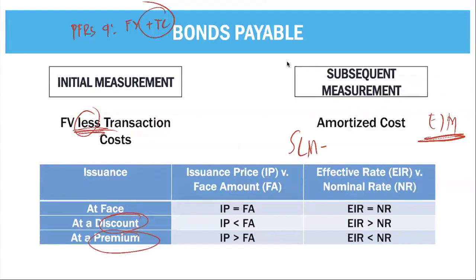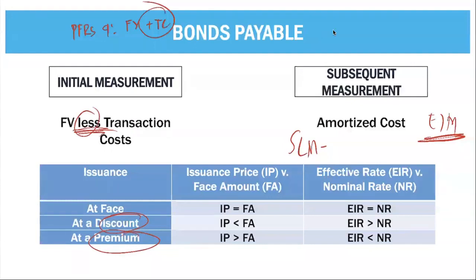Now, as to the relationship of your effective interest rate and nominal rate: if they are equal, it is at face. If the effective interest rate is greater than the nominal rate, it is at a discount. If the effective interest rate is less than the nominal rate, it is at a premium.